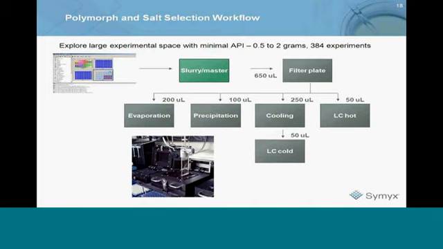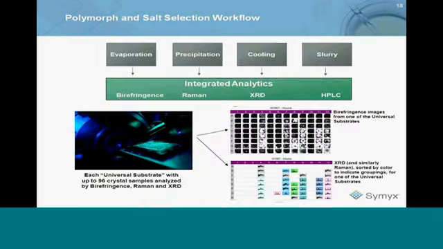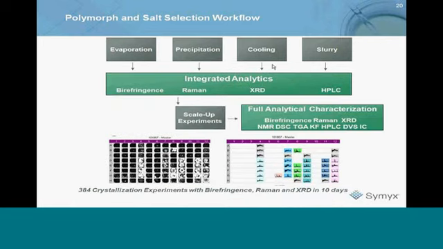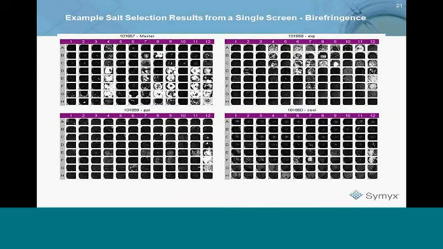So one of the items you get, and I'm not sure that my pictures show it well. It doesn't come through in PowerPoint, but the images you get here from the birefringence are actually quite good resolution, and you can tell the difference whether you have very long, thin needles, whether you've got more cubic types of crystals, whether you've got a really fine set of fine particles.